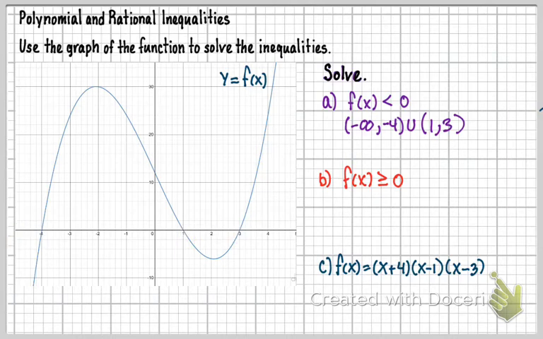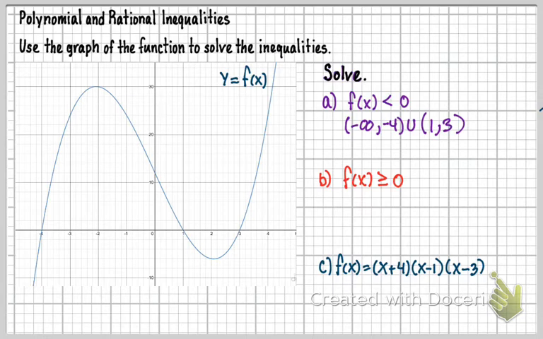Now let's talk about part B. Part B says f of x is greater than or equal to 0. Again, I'm looking where all the y values are either equal to 0 or bigger than 0. That's going to happen on this upper half, up here, because those are all my positive y's. Anything where my function is above the x-axis is where f of x is greater than 0, and right on the x-axis is where it equals 0.